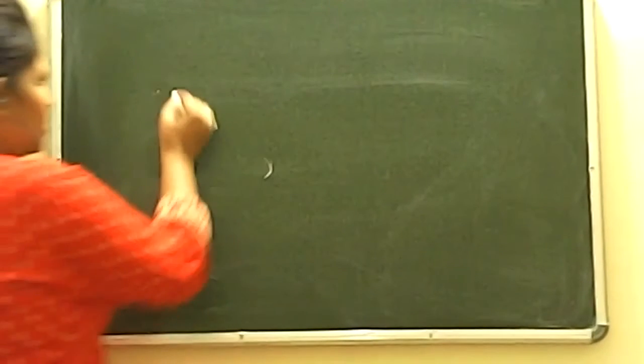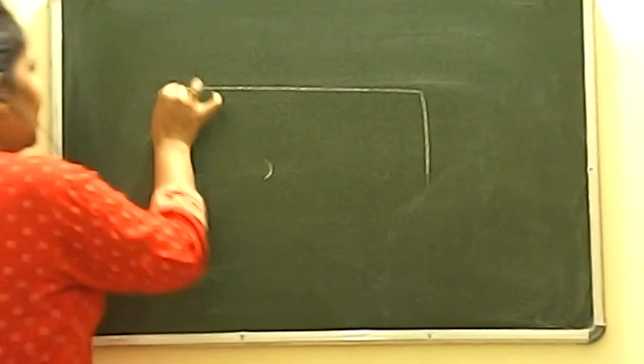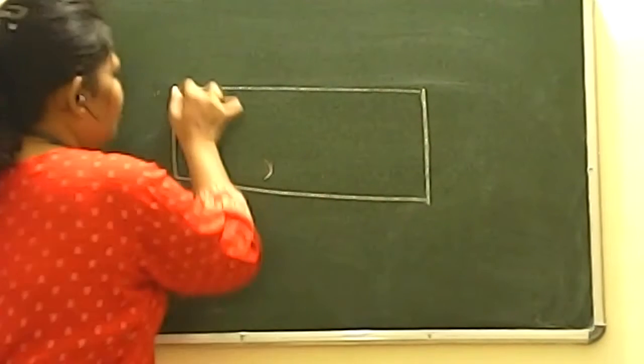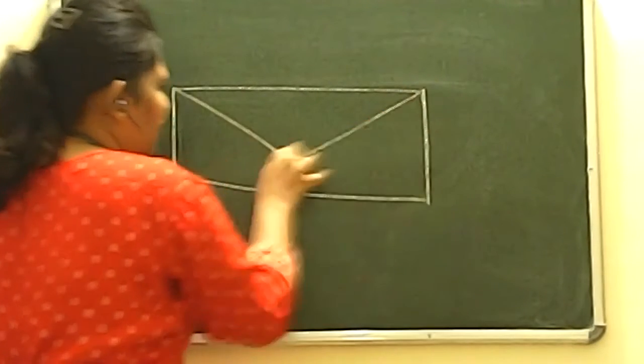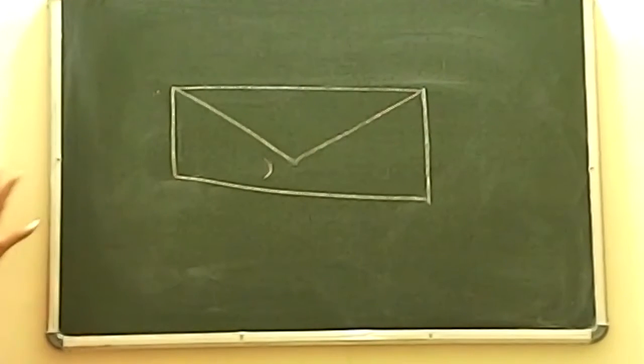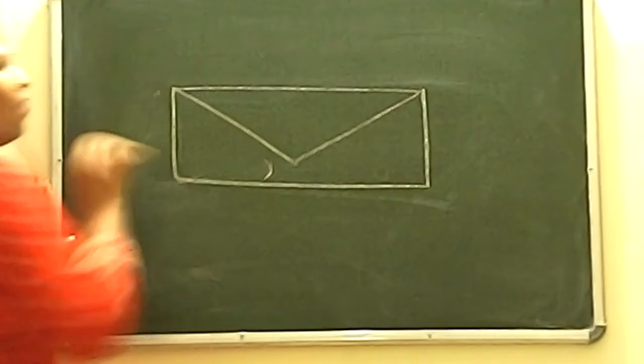So now suppose I have a wallet. Okay, my wallet is like this. Suppose this wallet is on my hand right now, it is not anywhere else, and I have to measure the length of this wallet.